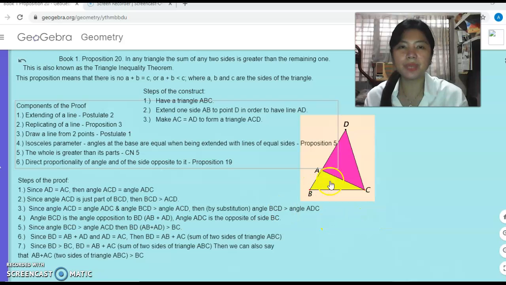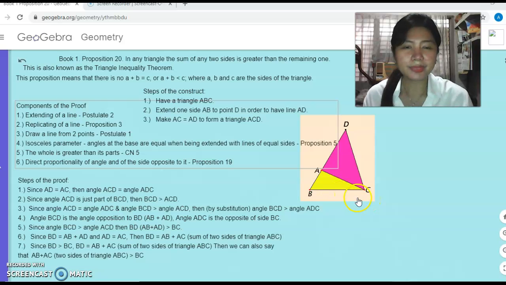First of all, we have AD equal to AC. Let's take note then that the angles opposite to those sides will share the same equality. So we have angle ADC equal to angle ACD. Please take note that ACD is just a part of the bigger angle BCD.